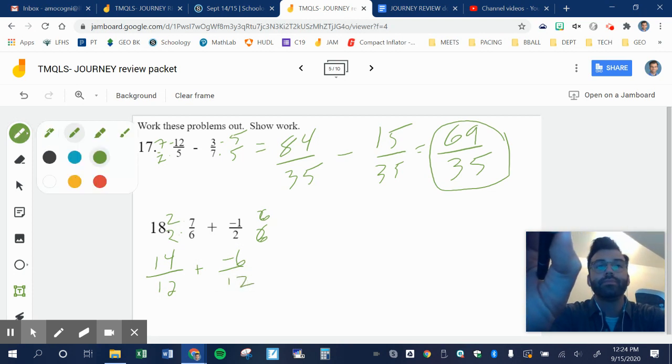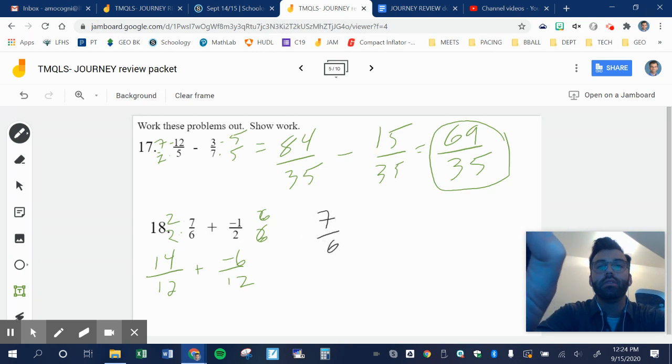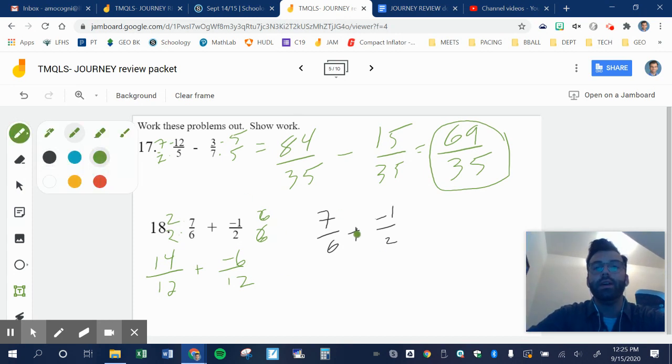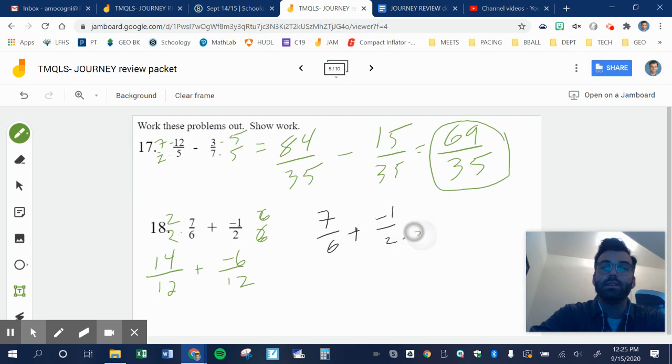Or I could have done this. Since I know that 2 goes into 6, I could have multiplied this fraction by 3 and then just kept this one the same. Either way, I would get the same answer at the end, so whichever way you feel comfortable doing.